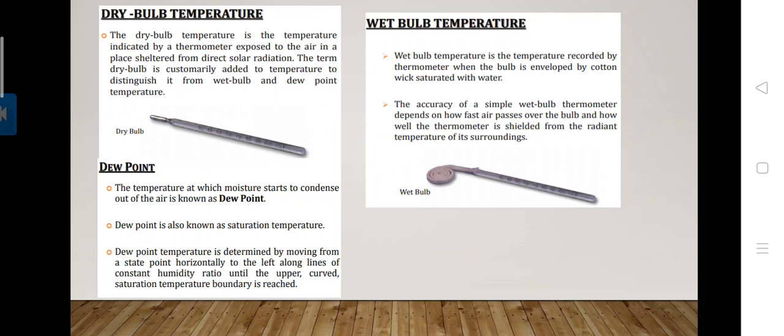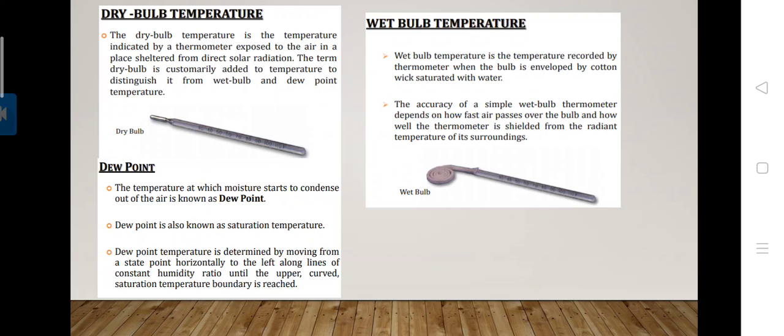It is the temperature indicated by a thermometer exposed to the air in a place sheltered from direct solar radiation, and the term dry bulb is added to temperature to distinguish it from wet bulb and dew point temperature. This is denoted by small t dB, the dry bulb temperature.